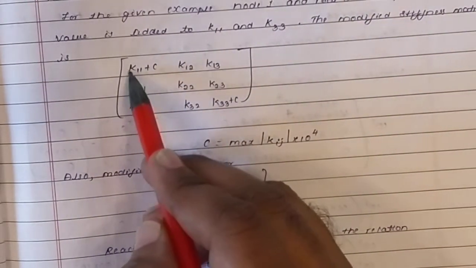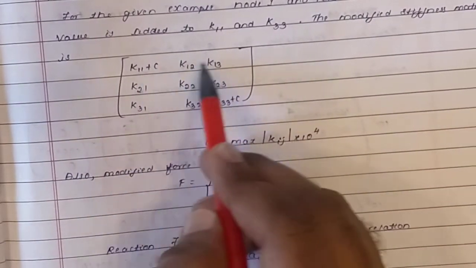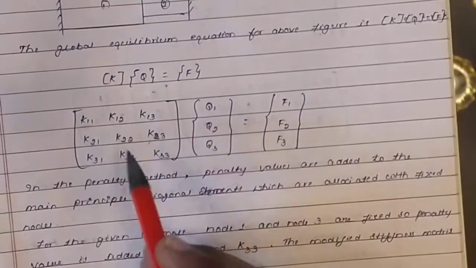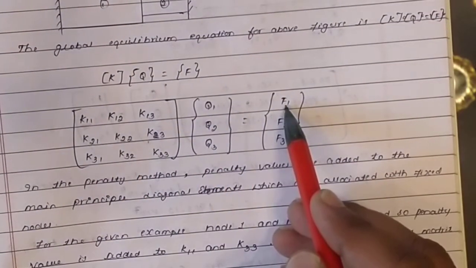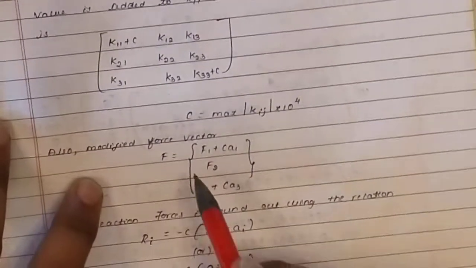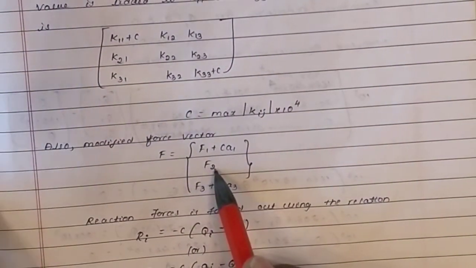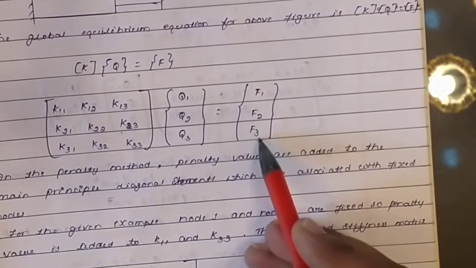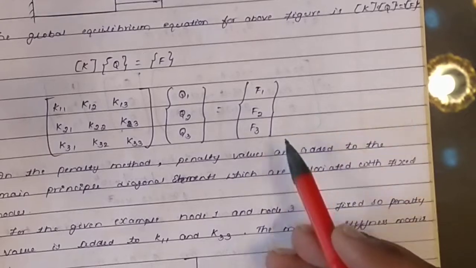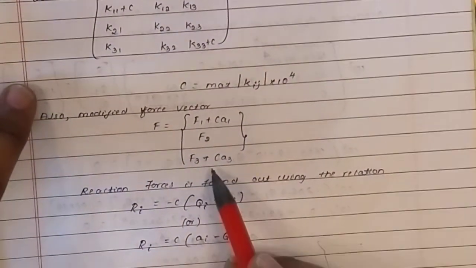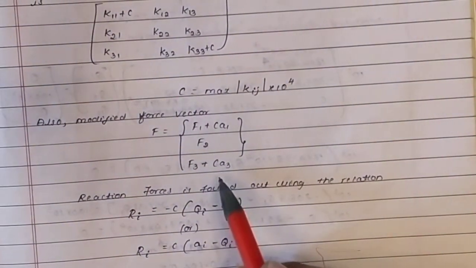Here it is added to the first row, so the first row F changes: it becomes F1 plus C into A1. There is no C value in the second row, so F2 remains as it is. There is a C value in the third row, so F3 changes to F3 plus C into A3.